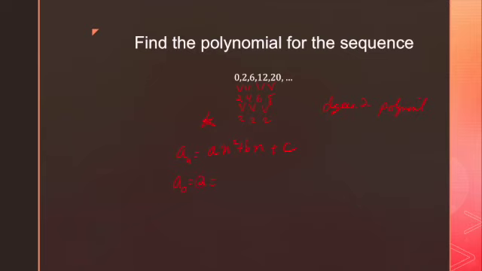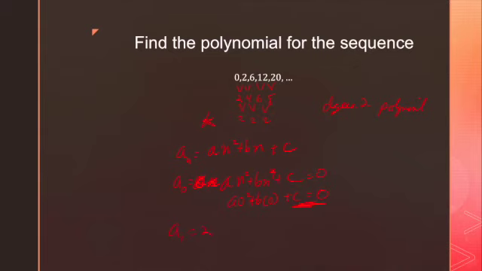So a times 0 squared plus b times 0 plus c is going to be 0. This means I know my constant c is going to be 0.